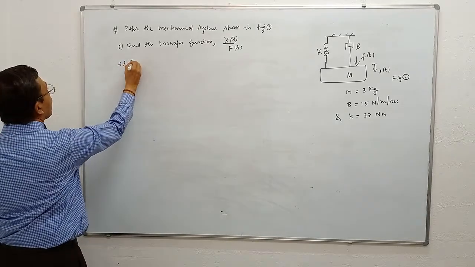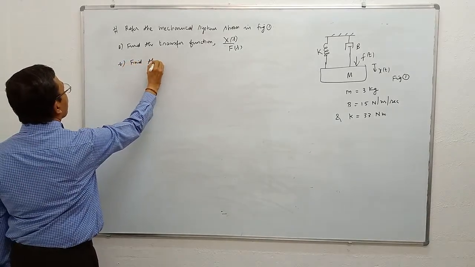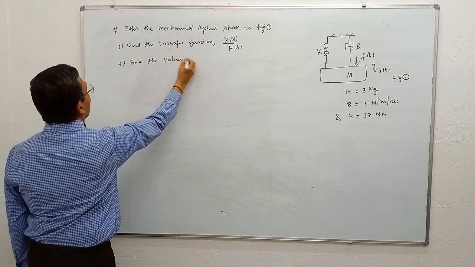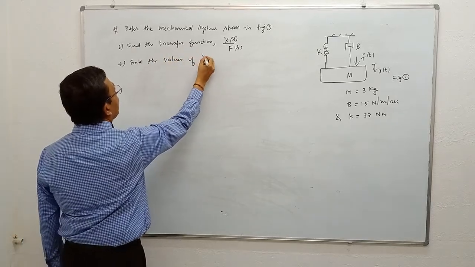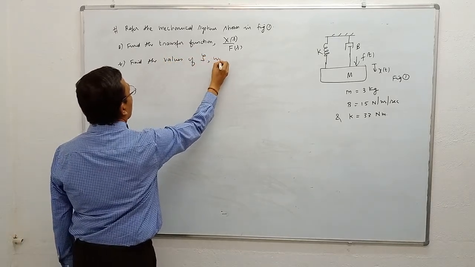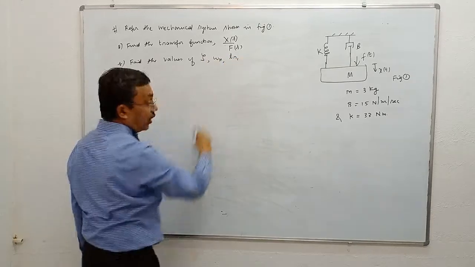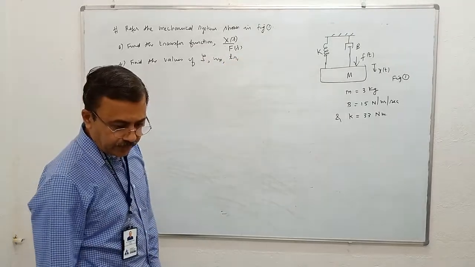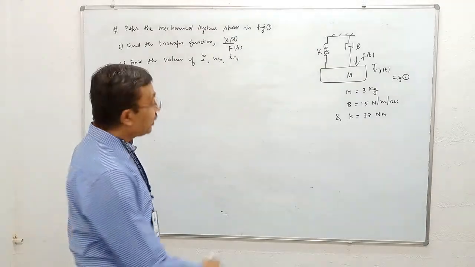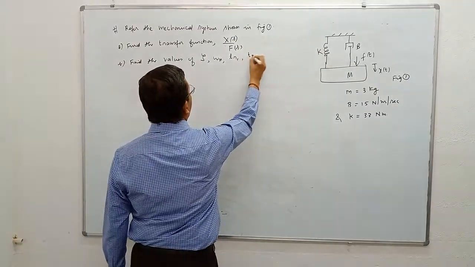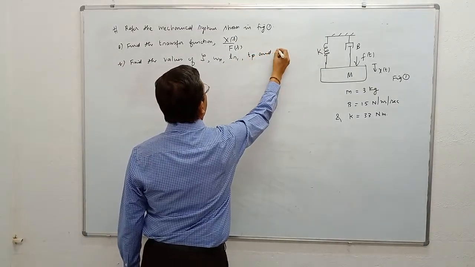Part B. Find the values of zeta, omega n, TR1, TP and TS.